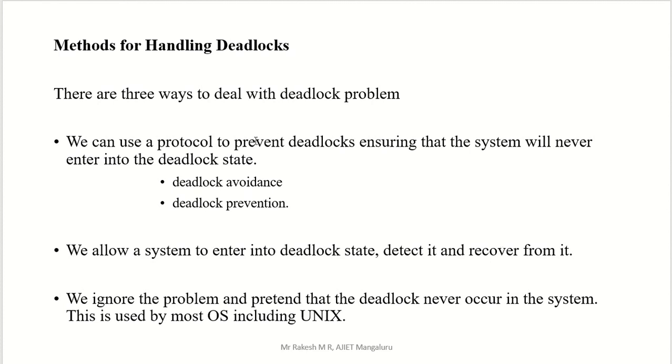Here, in the first one, we are going to prevent that. But the third one, just ignore everything. If there is any problem, just ignore it. If there is any deadlock, just ignore. That is the third method for handling deadlock, just ignoring. We are using that in Unix actually.